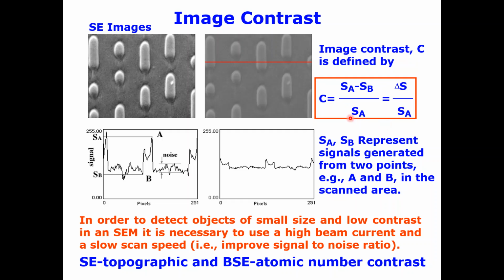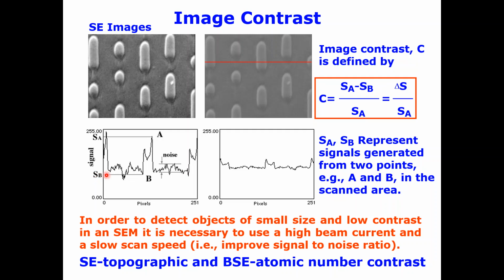In this formula, SA and SB represent the signal generated from 2 points. Here you can see in these spectra the signal plotted versus the pixel. So we have 2 points: the signal at point A is denoted by SA, and the signal at point B is denoted as SB.